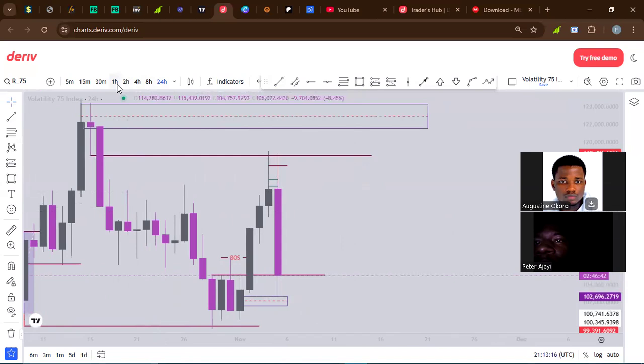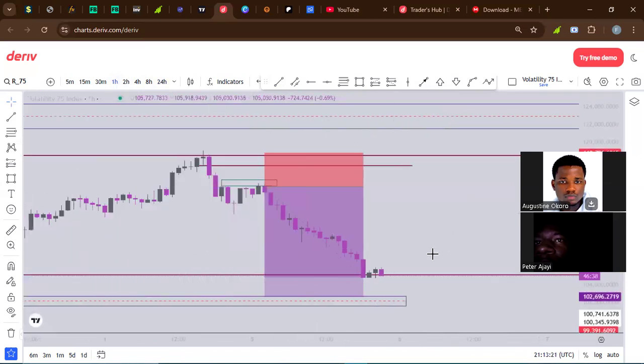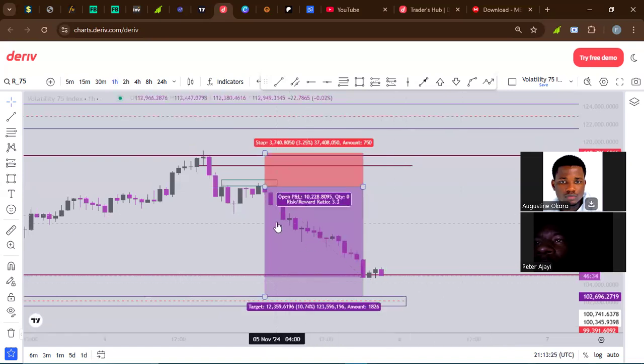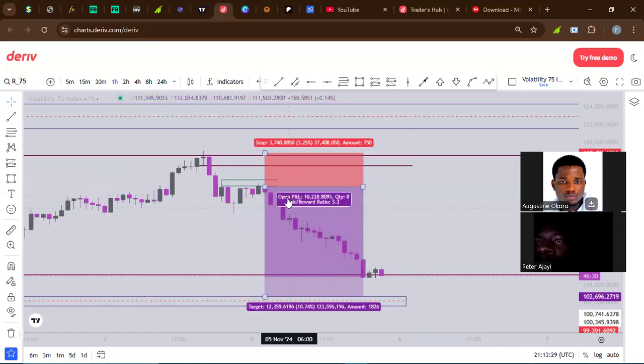I just decided not to join the trade because I might be on a drawdown, and any trade I take, I can just take a loss, because I was expecting the market to push all the way to this other block right here before taking. I was expecting the market to wick a little bit to this other block before pushing down.